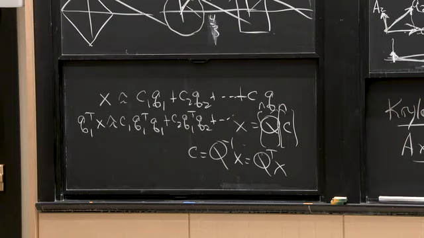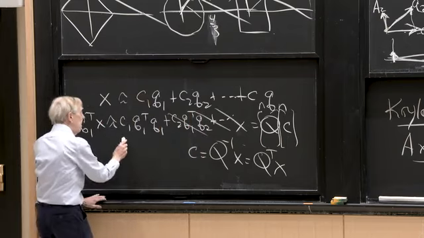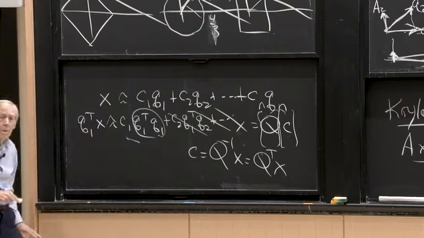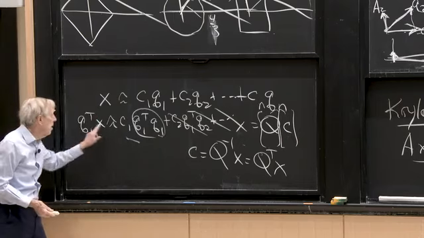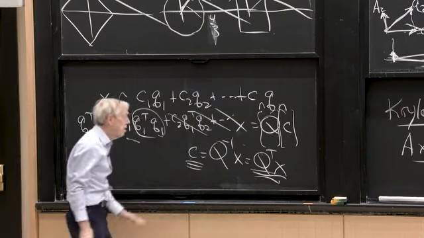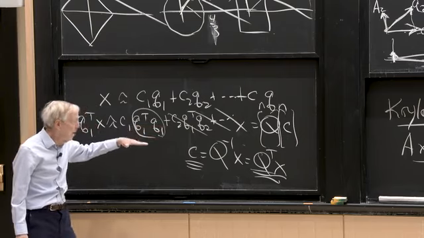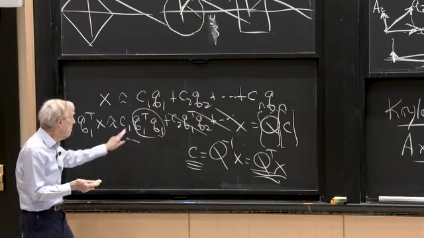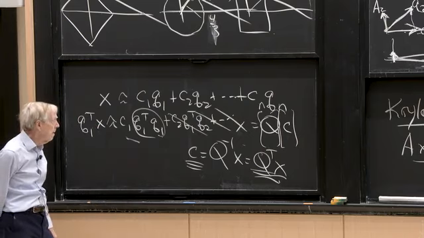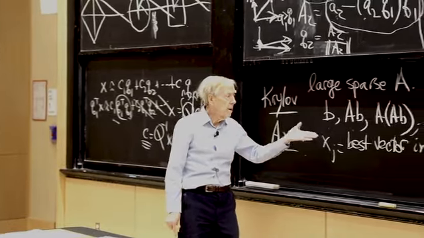The other ones are all 0, and Q1 transpose Q1 is 1. So it's perfect. C1 is Q1 transpose X. The first component is the first row of Q transpose, which is Q1 transpose, with X. So that's the idea.